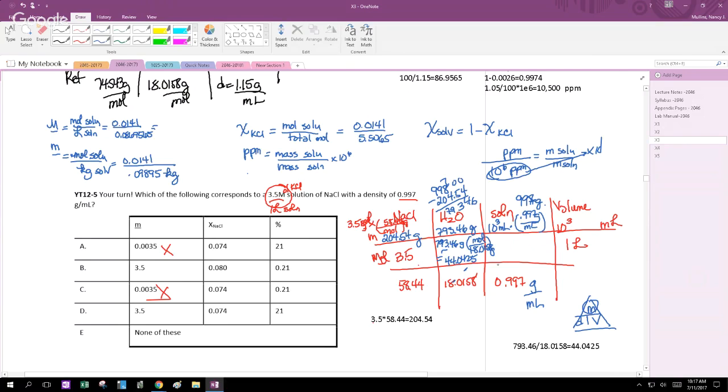Mia, what should I do next? Absolutely. Because I know that if I have either of these two, I can sum to my total. So 47.5425. So my molality should be 3.5 over, again, kilograms, 0.79346.